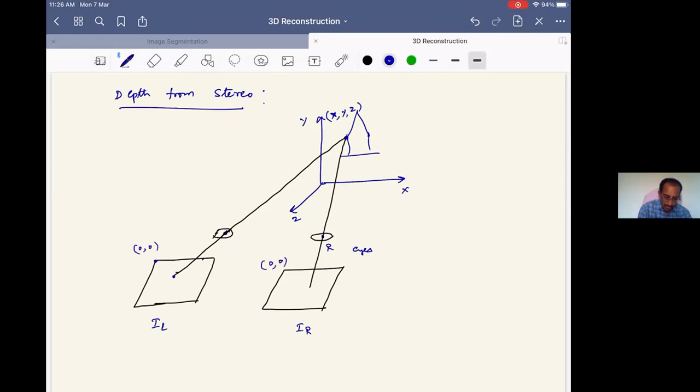This also 0, 0. Then from here, it will have some value, say the x coordinate xl, comma, yl. Similarly, here you have xr, comma, yr. As you can see, the scene point x, comma, y, comma, z, a real object or the scene point.